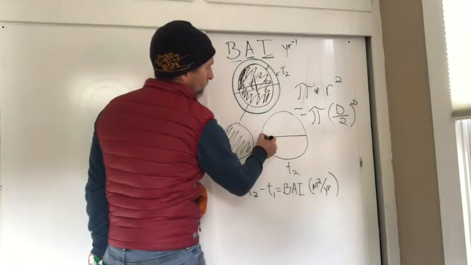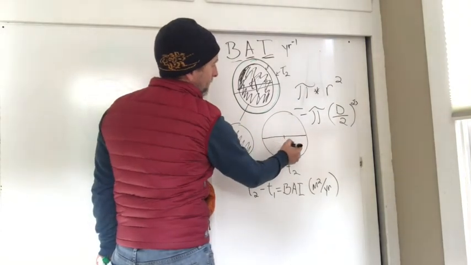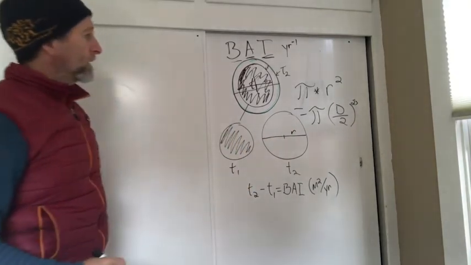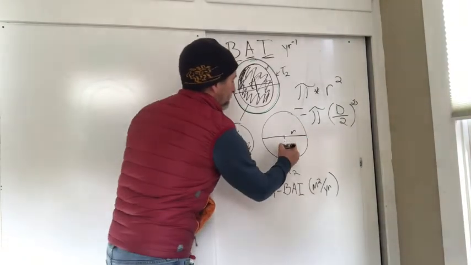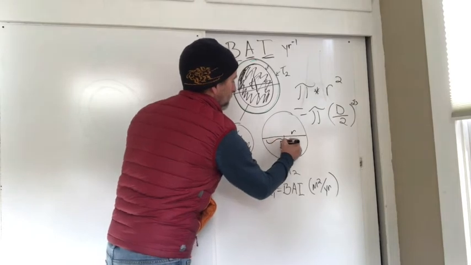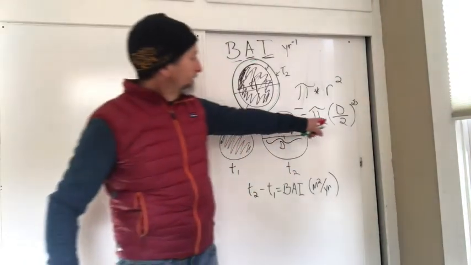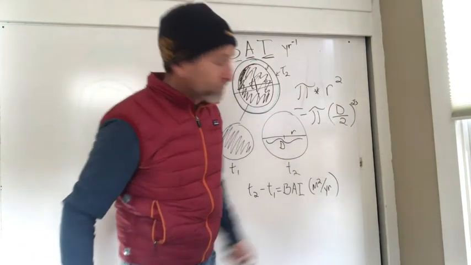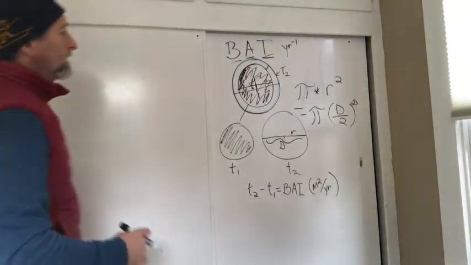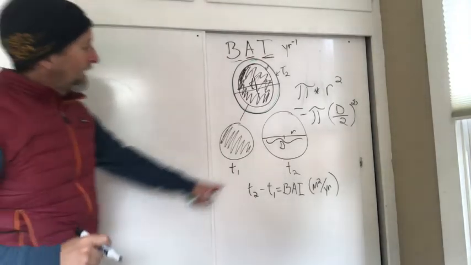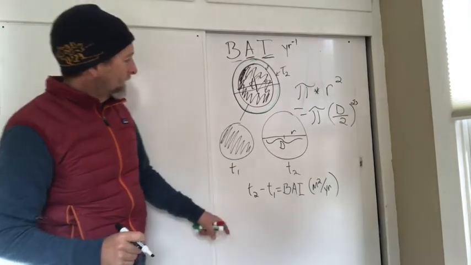So full diameter, center, and then this is r. So 2 times r equals diameter, or diameter, this whole thing here, divided by 2 is going to give us our radius. Okay.